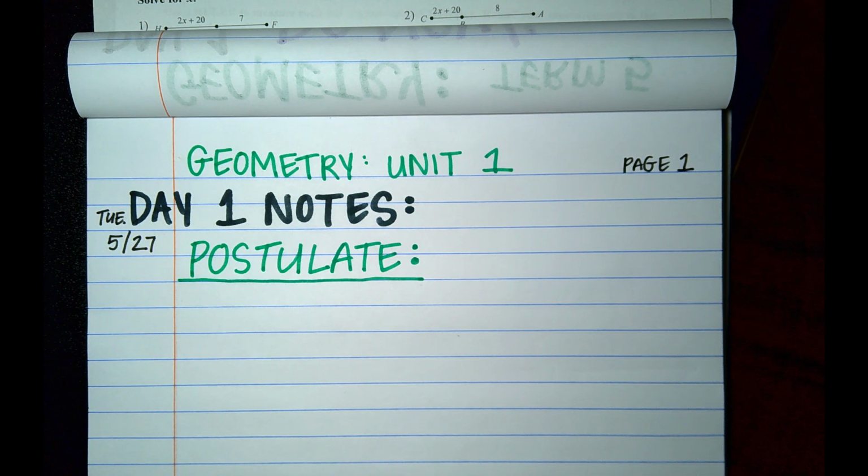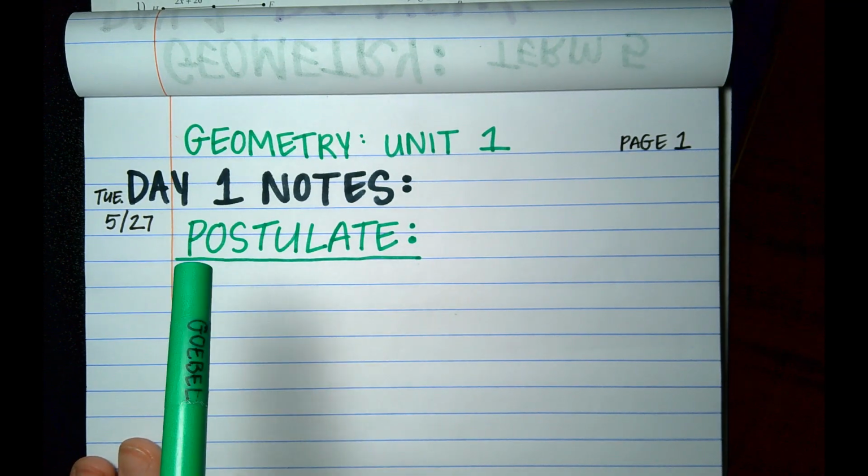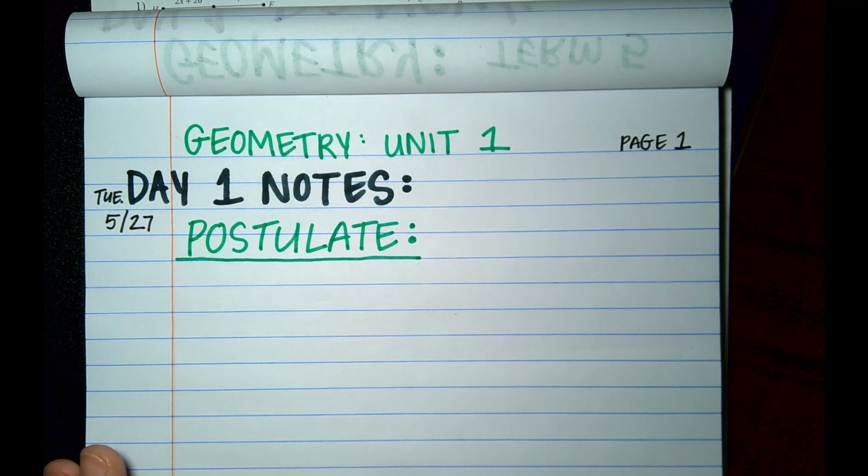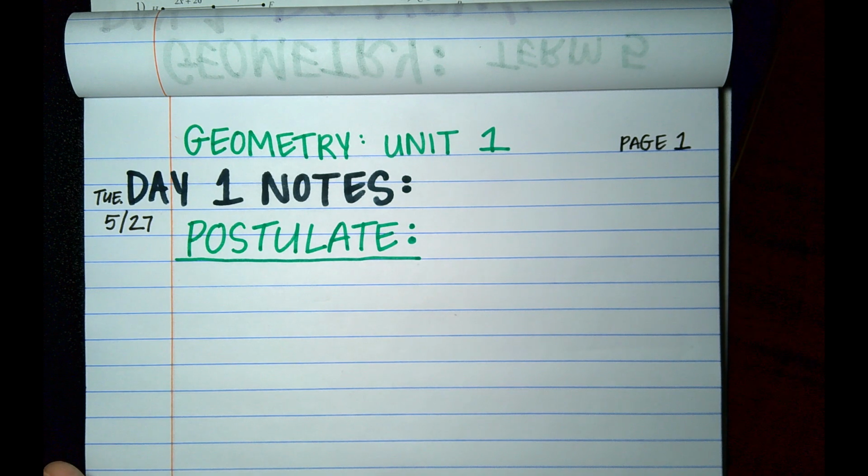So basically what I have found a postulate is, it is a basic rule in geometry that we basically just accept as being true without having to prove it. So basically a postulate is like a law. Not really, because laws do have to have some meaning behind them, and postulates do have meaning behind them, but there are certain things in math that we just have to accept they are true, because if we went into the theory of why they're true, we would spend the whole 4 weeks talking about just one of those things.